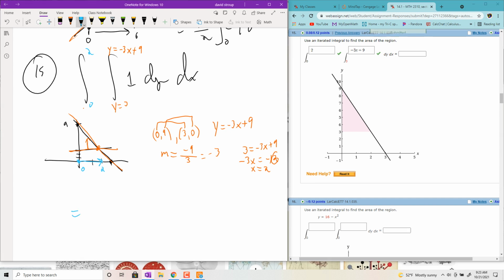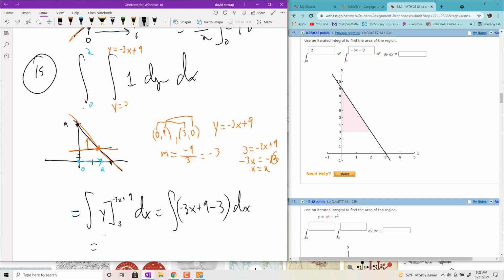So I have the integral of y from 3 to negative 3x plus 9 dx. So I have the integral of negative 3x plus 9 minus 3 dx. And that'll be the integral of negative 3x plus 6 dx.